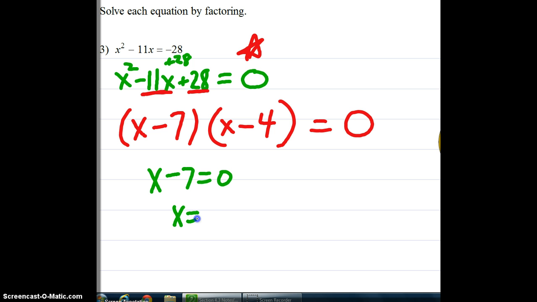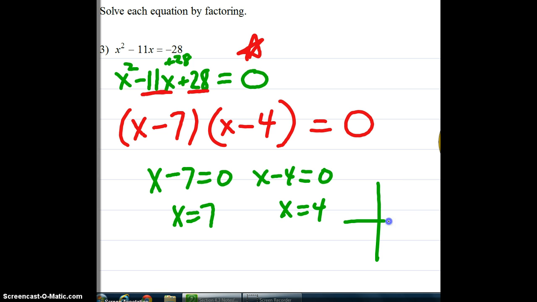So x equals 7 is an answer, and x minus 4 equal to 0, or x equals 4, is a solution. Again, when we look at graphing these, what will we see? We'll see a parabola. It'll cross at 4 and 7. Our parabola will go up, and that will give us the shape of our parabola.